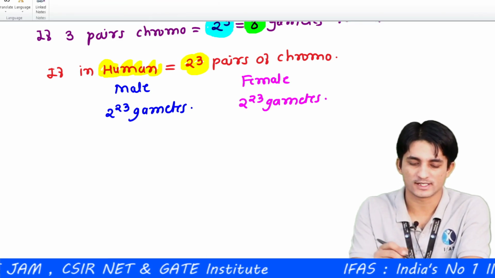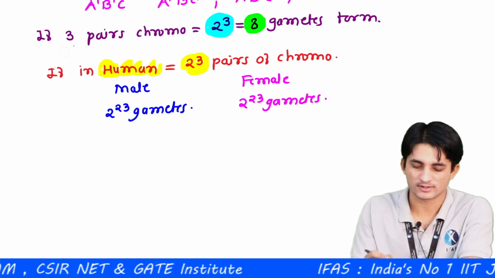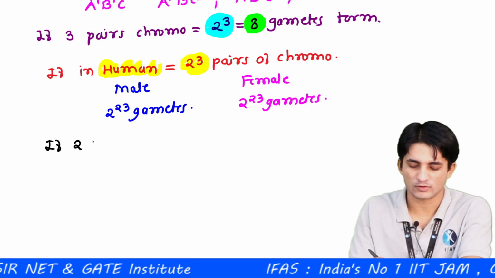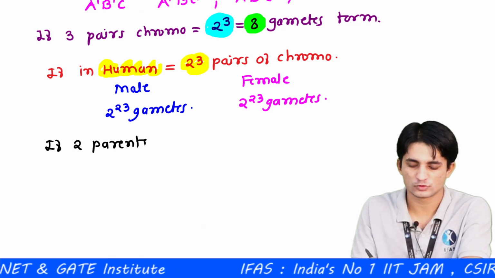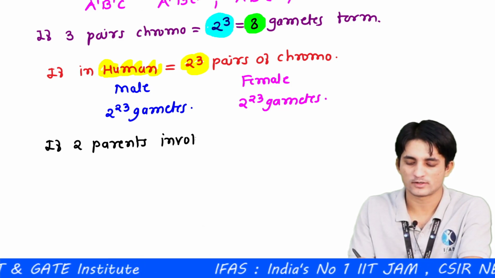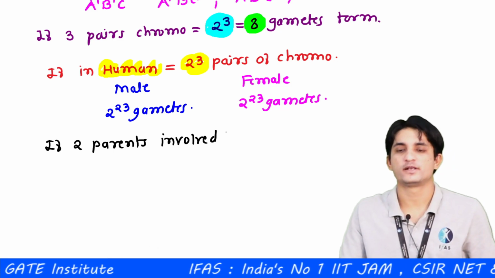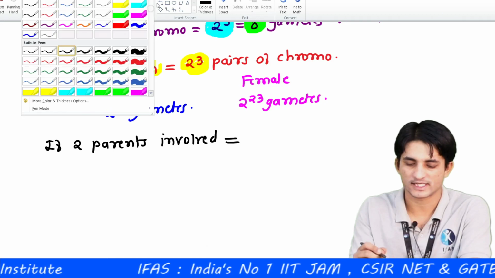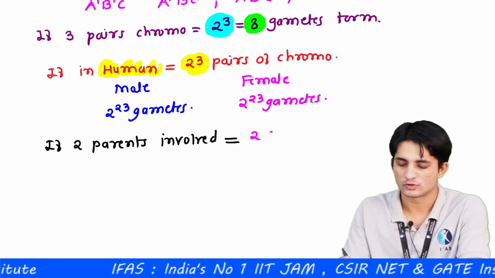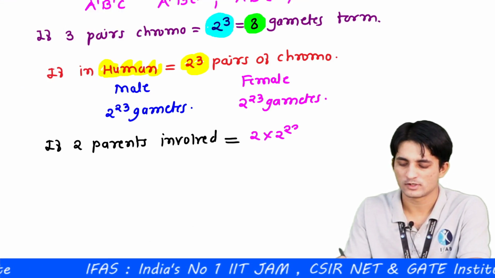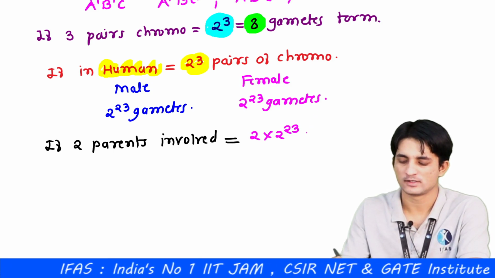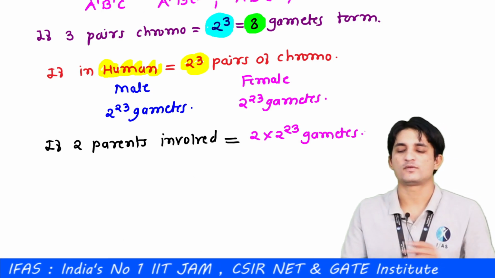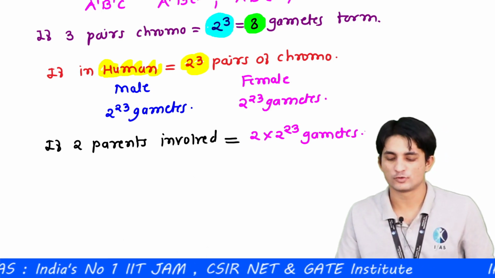So in total, because in sexual reproduction 2 parents are involved, the gametes formed are 2 into 2 raised to 23 gametes when 2 parents are involved.